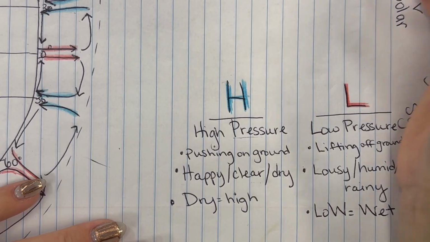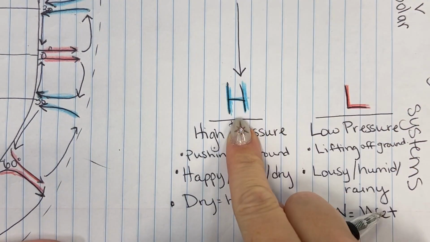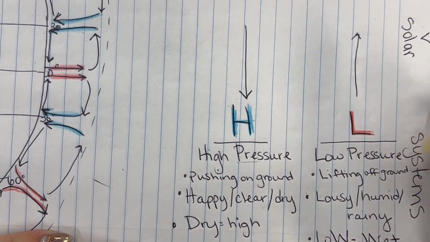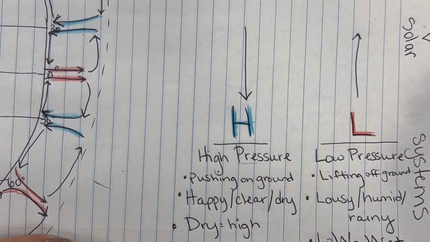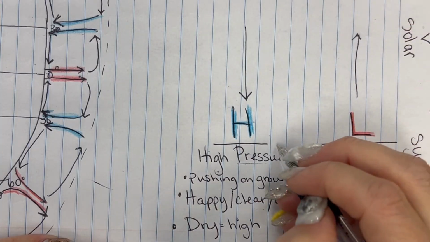So high pressure we know is pressing down. Low pressure, we know, is lifting. When we're talking about air, we're talking about the atmosphere. This is the ground, right?